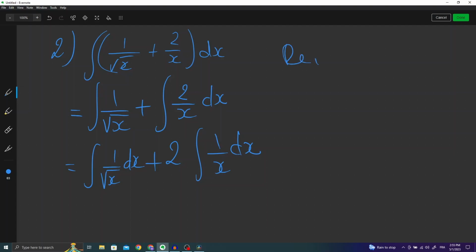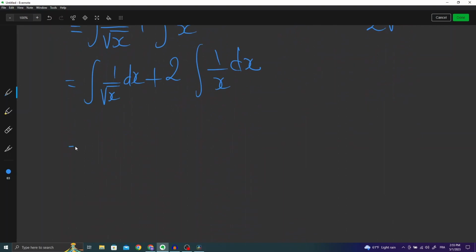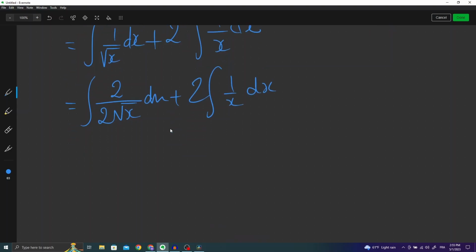Just a reminder, if I take the derivative of square root of x, it gives us 1 over 2 square root of x. So what I can do is multiply by 2 and divide by 2.